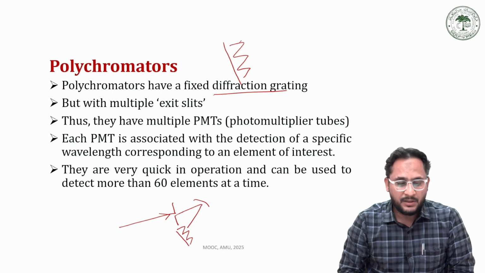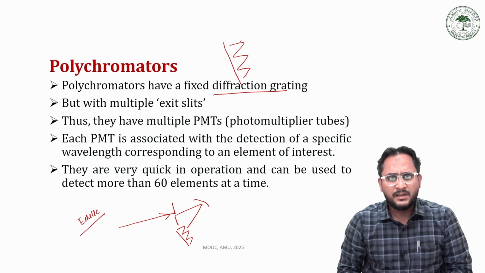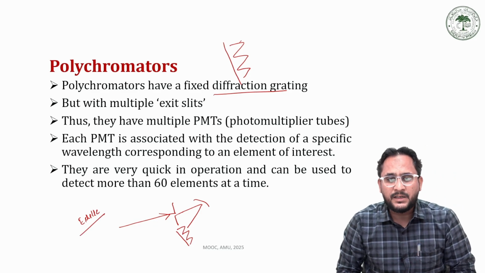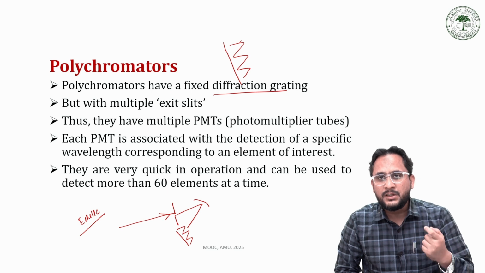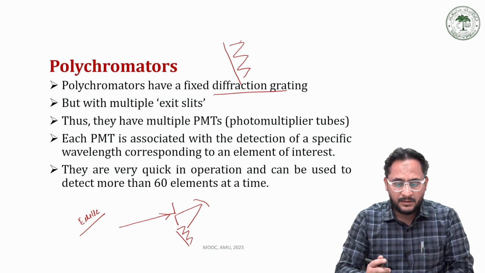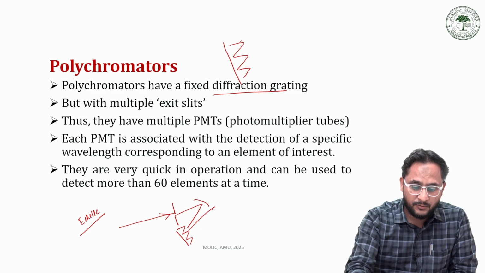Sometimes we use echelle grating as well. This is a particular type of grating which is used for dispersing light radiation into individual very narrow wavelengths. So when this light ray falls on the grating, it is converted into different light radiations.